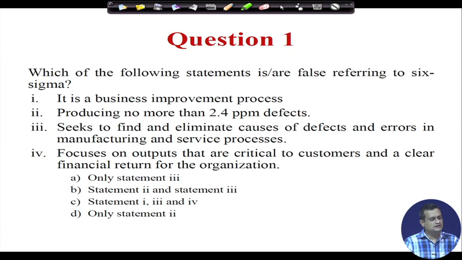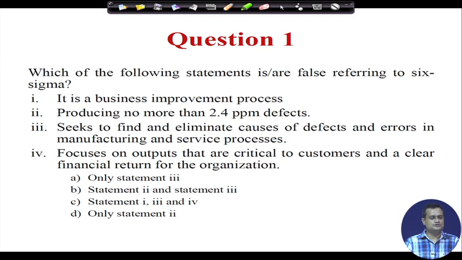Question 1. Which of the following statements is or are false referring to Six Sigma? 1. It is a business improvement process. 2. Producing no more than 2.4 ppm defects. 3. Seeks to find and eliminate causes of defects and error in manufacturing and service processes. 4.